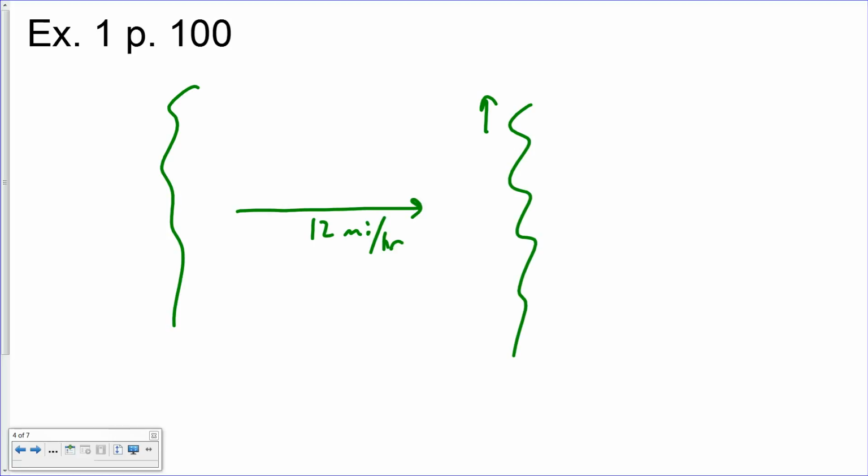It's not the actual speed of the boat, it's the initial speed before the current is weighed in. Then it says the current, which goes with the river, is moving at 5.1 miles per hour. 5.1 miles per hour is where you have the impact.